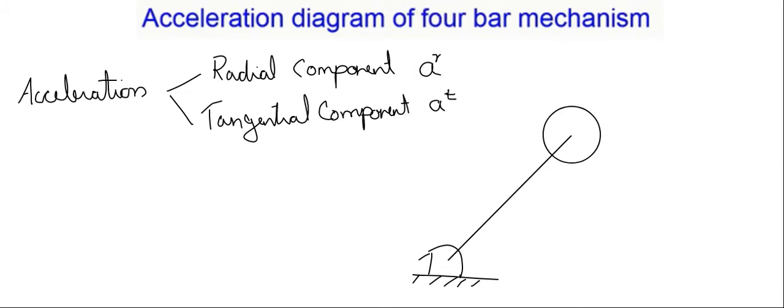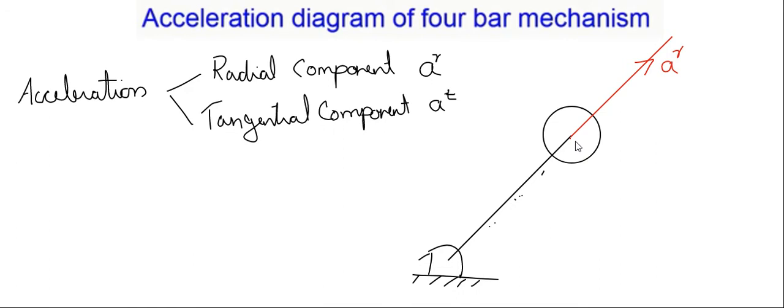First one will be along its radial direction. Radial means radius, so this is the radius of its rotation. So it is the radial direction. So radial direction will be along the radius vector. So like that. If you draw it by a length like that, it will have a radial component that is represented by AR.